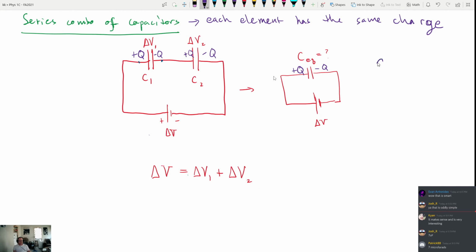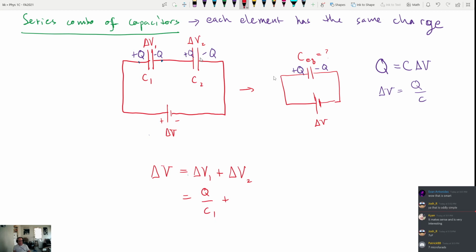That being said, let's again use our equation. Our equation tells us that Q is equal to C times delta V. And we can solve this for delta V to say that delta V is going to be equal to Q over C. And then we can fill out this equation down here. Delta V1 is equal to the charge on that plate, which we called Q, divided by its capacitance, which is C1.